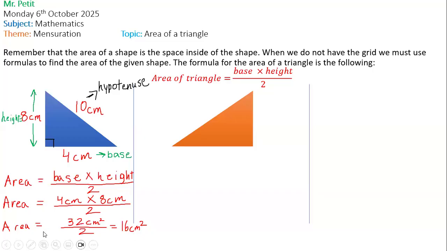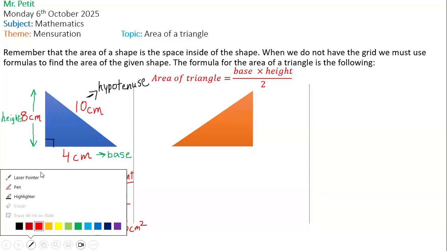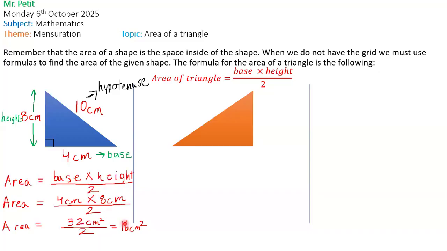That's a good question. It only applies to the centimeters, it doesn't apply to the number. Centimeters times centimeters gives us centimeters squared, and we just carry that along. So don't think you have to do 16 times 16. That's a very smart question.